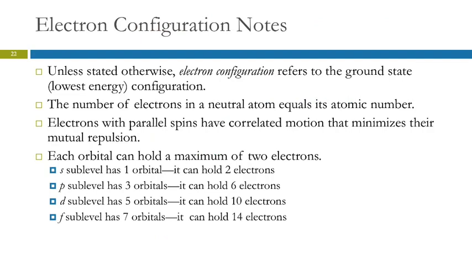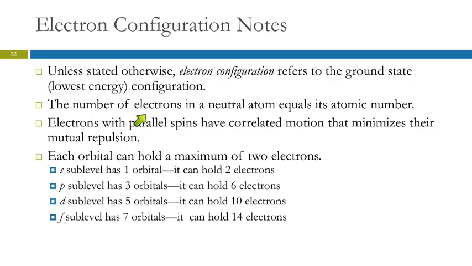So the electron configuration is a little bit like the clerk at the front desk. And he's got his shorthand notation so that when the next guy comes in, he can tell them what room to go to. So he's keeping track of how many people are in each room. When we write an electron configuration, unless it states otherwise, we're assuming that this is the ground state, the lowest energy, that all the electrons are in the lowest energy.